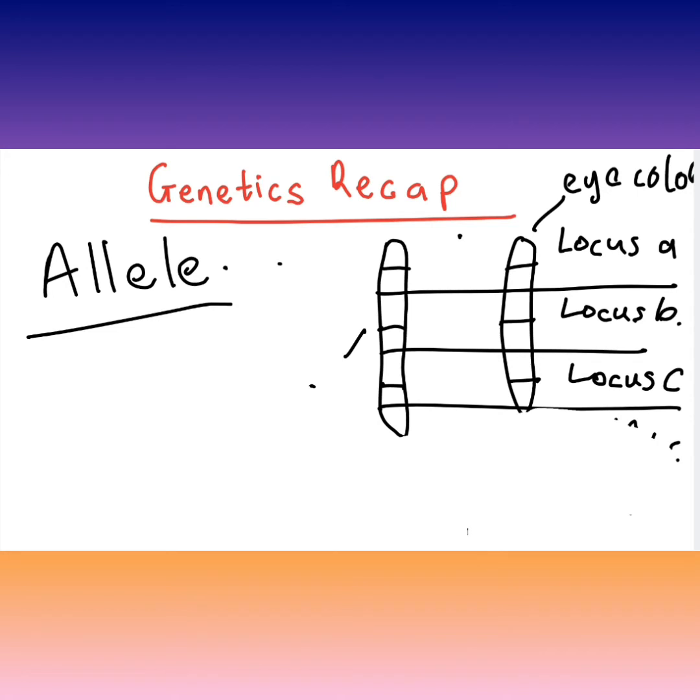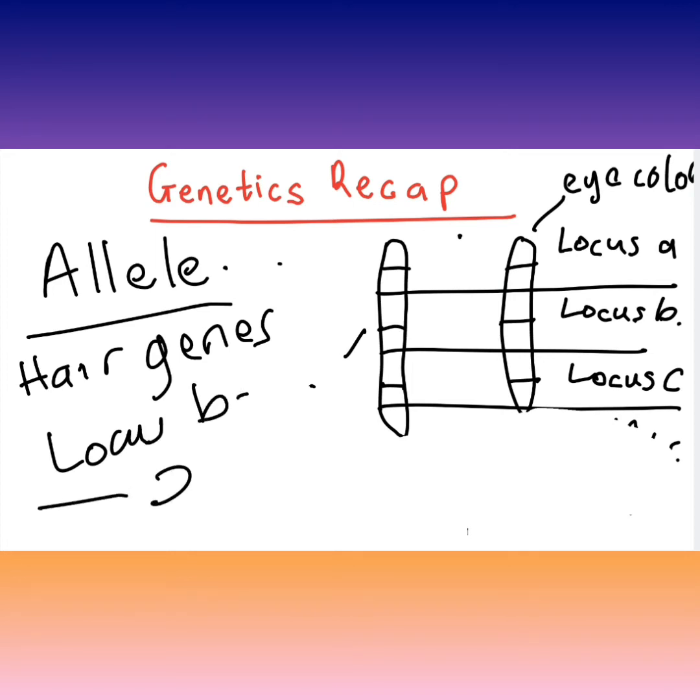Now basically an allele or alleles are different variants of the same gene. Now in the case of the hair color genes in locus B, we have two alleles coding for different hair colors.